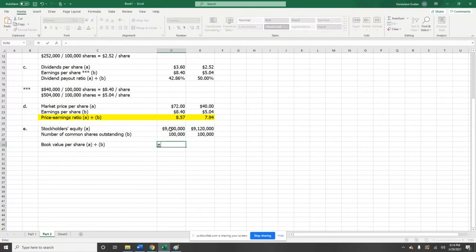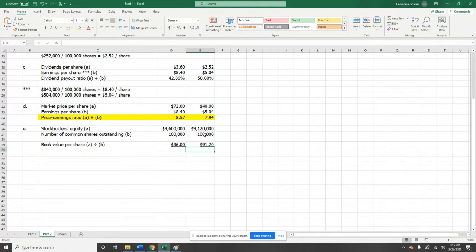So equal to stockholders' equity divided by our shares. For the current year, the book value is 96. And the previous year, we had stockholders' equity of 9.1 million divided by our 100,000 shares. So that's only 91.20.